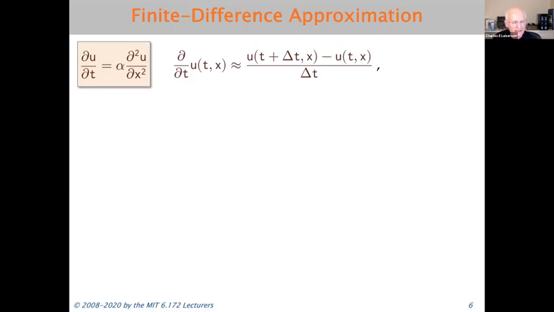And we can compute that using a standard approximation that you're probably familiar with, which is the approximation of a derivative. We take a tiny value, delta t, and we compute the slope of the line segment that goes from u of t comma x to u of t plus delta t comma x.